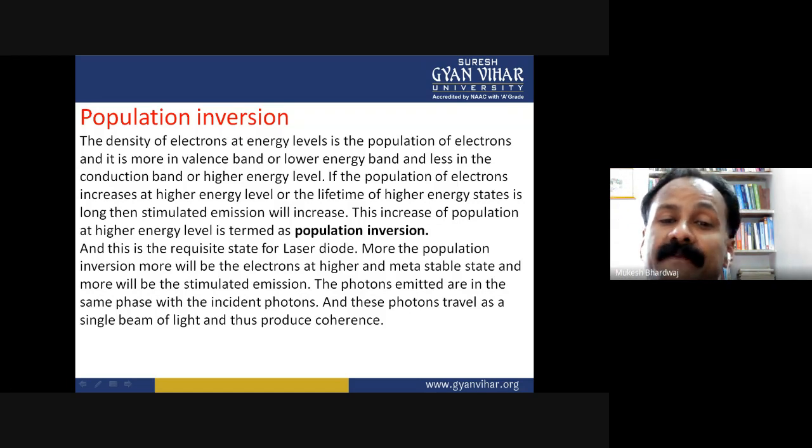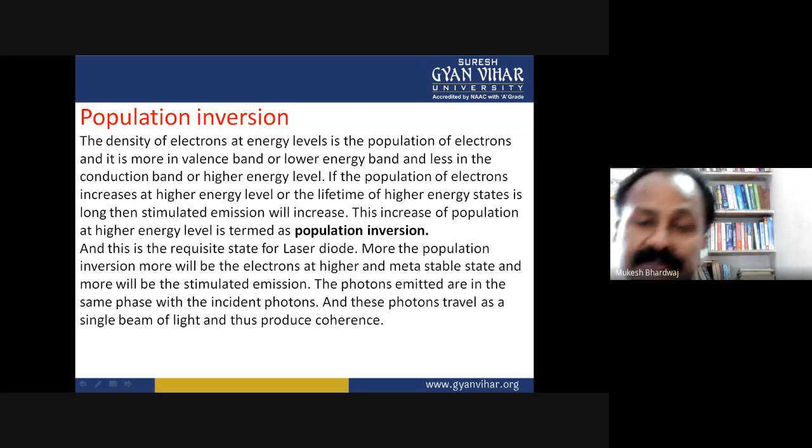Mirrors do not reflect 100% of the incident photons. This is due to the architectural design of the laser, in which there are mirrors which do not reflect 100% of incident photons. This is the second loss. Gain can be increased by increasing the forward current.